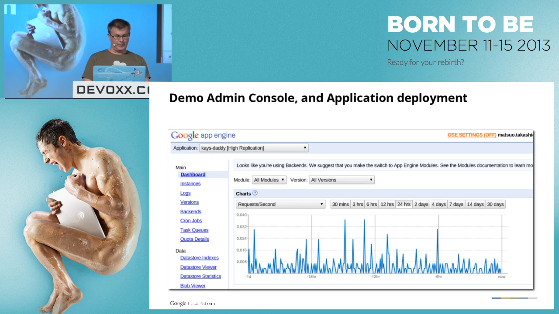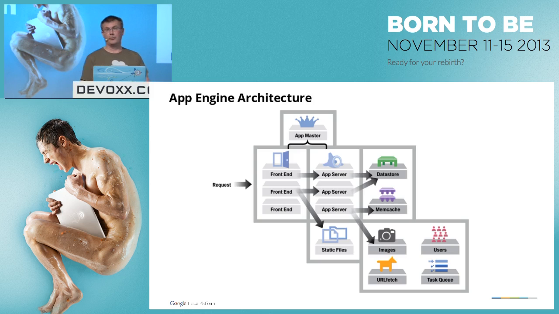So let's move back to the presentation. I've just deployed a broken application because some URLs do not work anymore. So, a high-level view of how we implemented this entire runtime. The request that your customers emit arrives at what we call the front end, and these are Google-wide front ends, so they are all over the world.